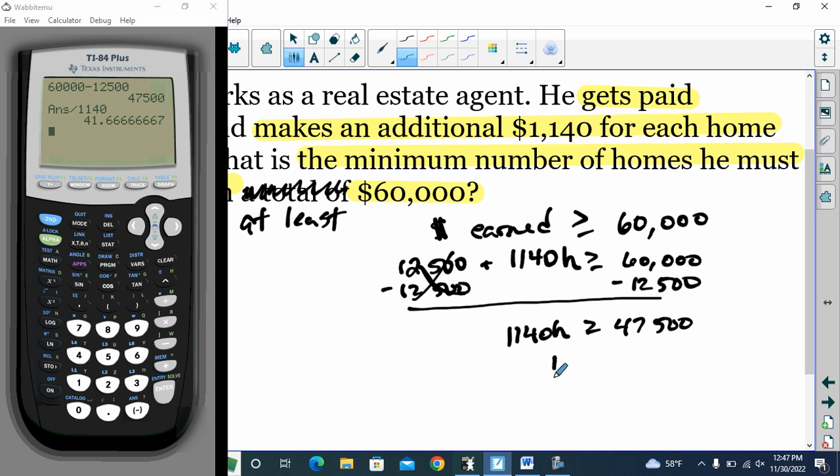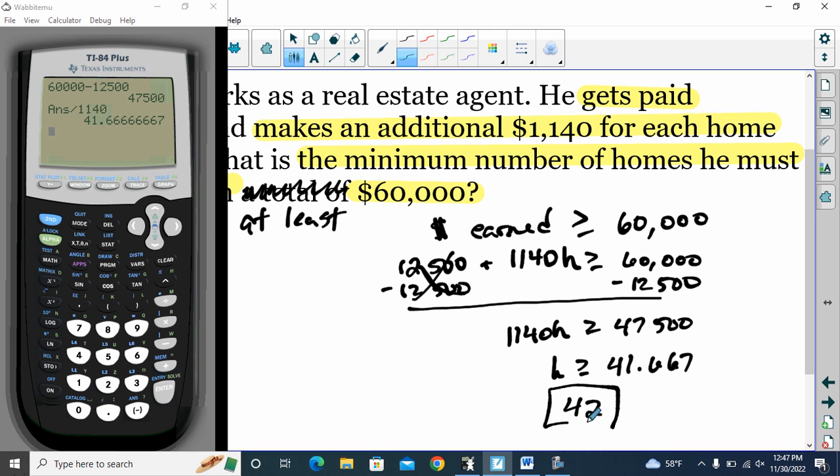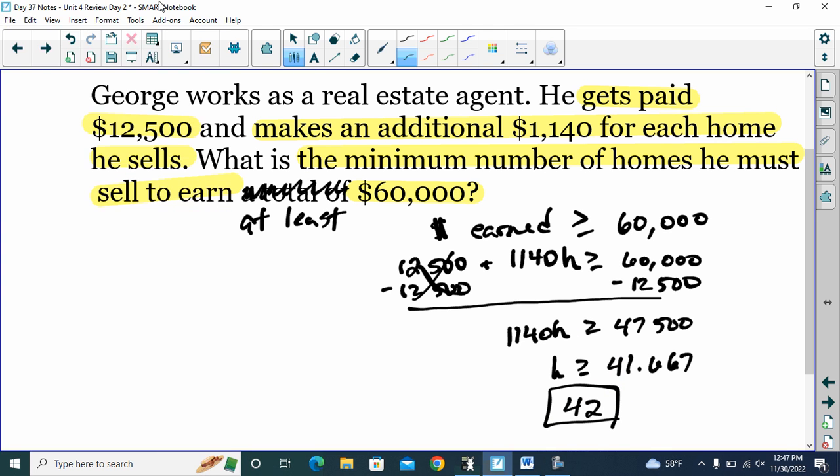And I get H needs to be greater than or equal to 41.667. Again, he cannot sell a fraction of a home. He can't sell 2/3 of a house. I need the number of homes to be bigger than 41.667. 42 is the minimum number of houses that he needs to sell in order to make at least $60,000.